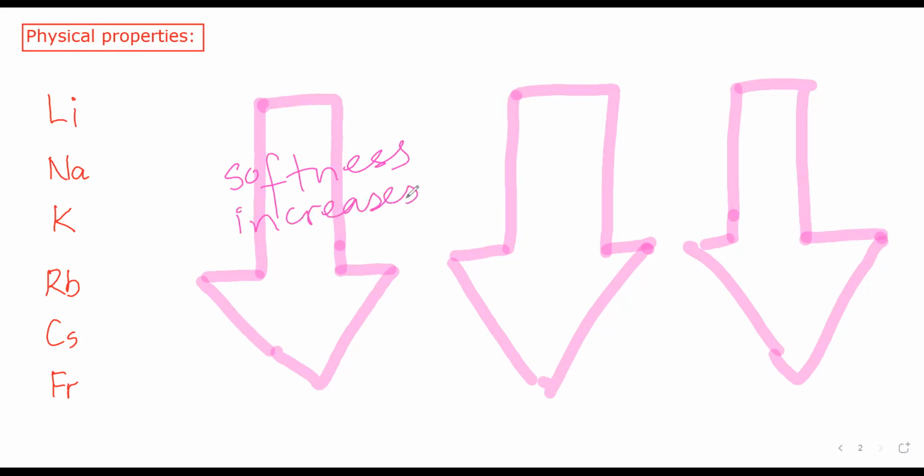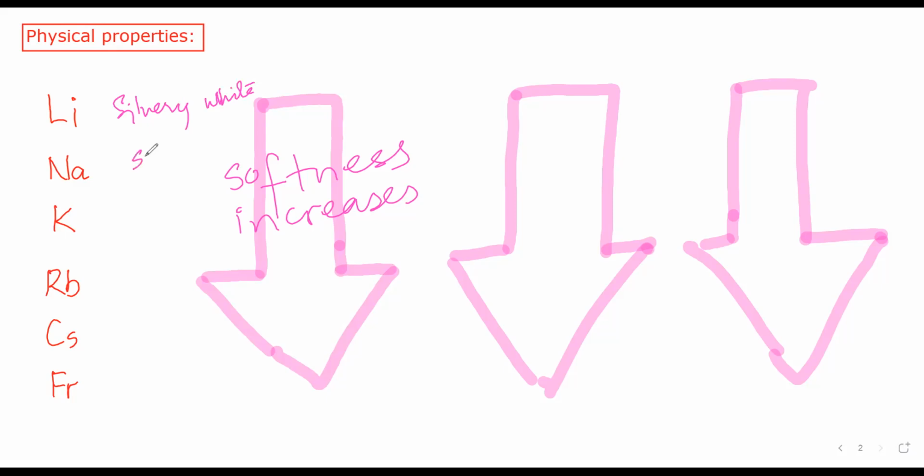Also keep in mind their appearance, the color: it will be light silvery white, and as we go down further it gets darker, silvery gray, then silvery gold. So if I'm talking about sodium, it is going to be silvery white.